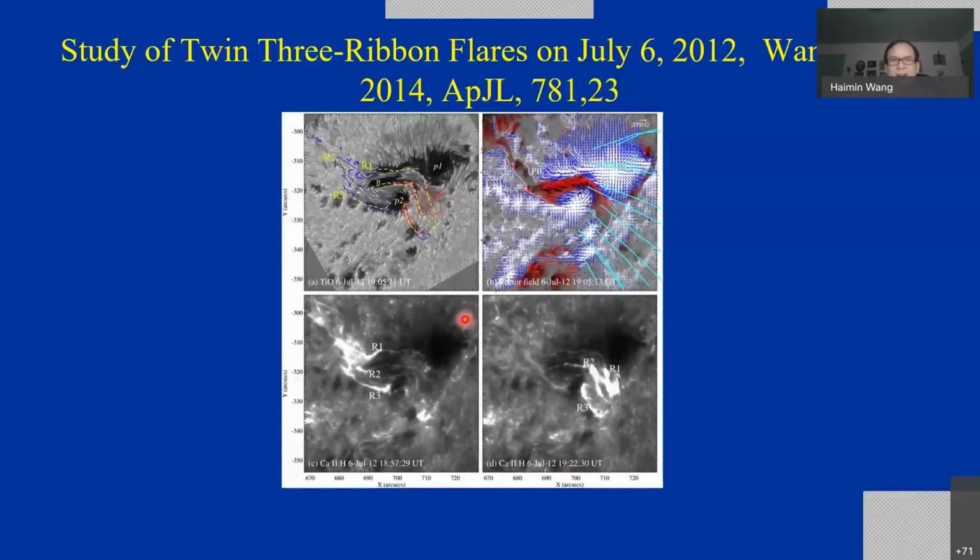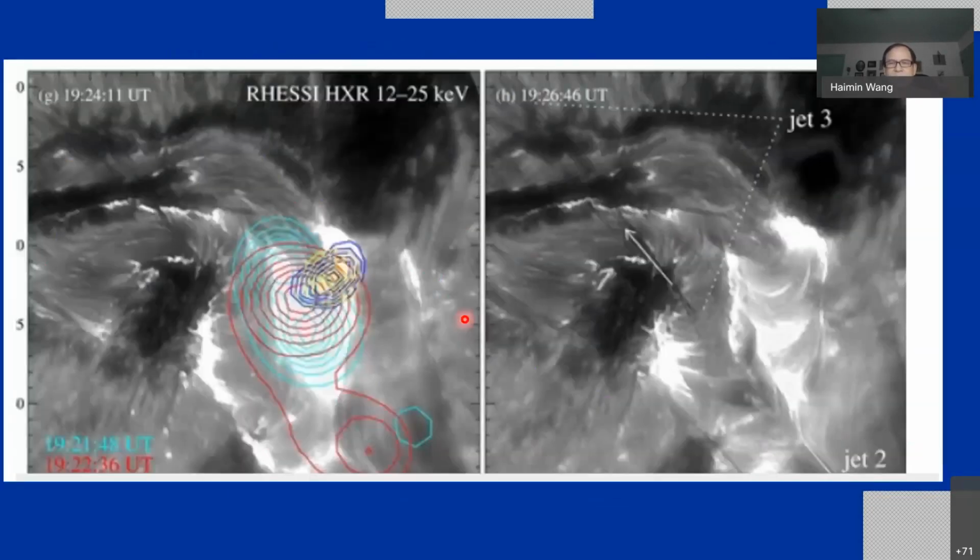Okay, and also we immediately can see with the high resolution. I'm going to skip to this one. Usually we see the flare as 2 ribbons, and in this publication we had, we immediately see 3 ribbons. So there are 2 loops and they share a common polarity right here.